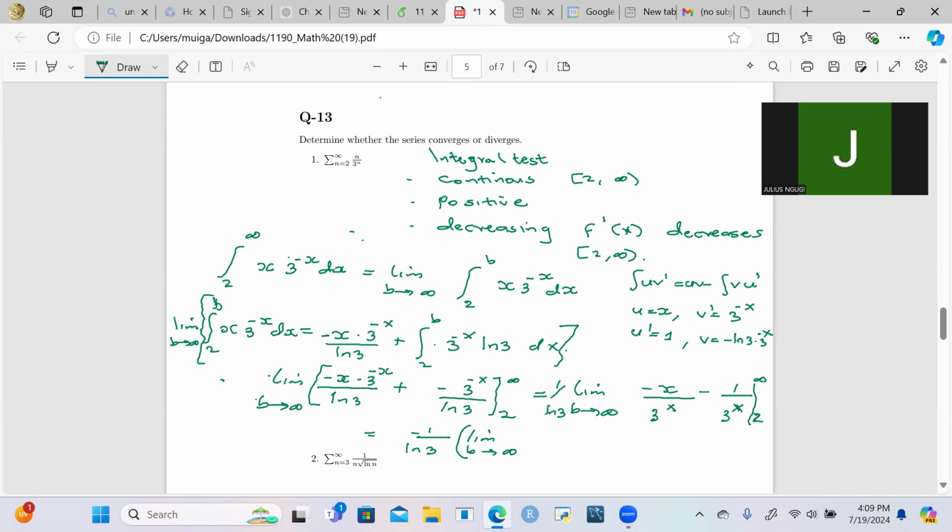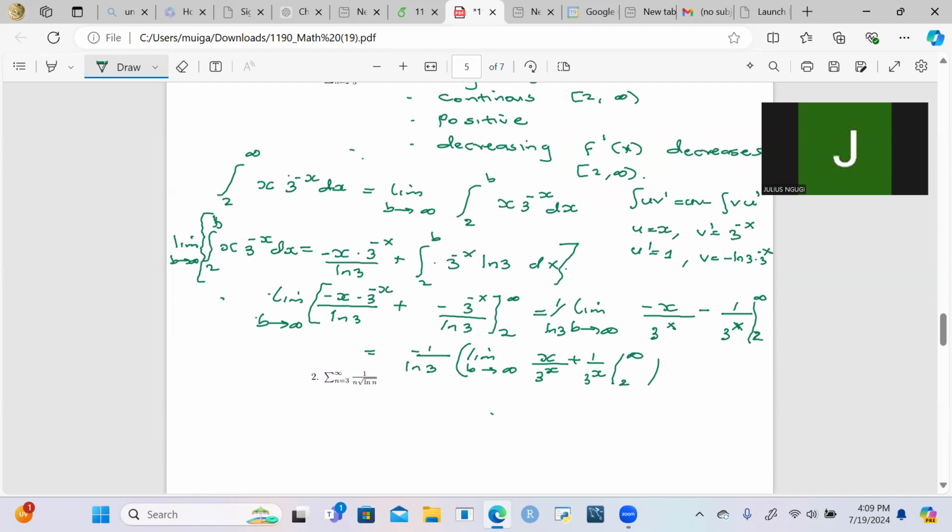So the first part, which is now x over 3 to the x plus 1 over 3 to the power of x, that's when b approaches infinity, and 2 to infinity. So the first part, when it approaches infinity, goes to 0. So we'll have the solution here as minus 1 over ln of 3, with the first part being 0.